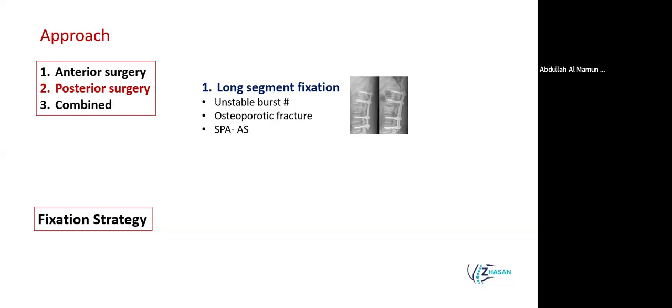We can discuss it later. It is usually used in unstable fracture, osteoporotic fracture, ankylosing fracture, and of course in AO type C translational injury, where we should use long segment fixation along with bone graft.